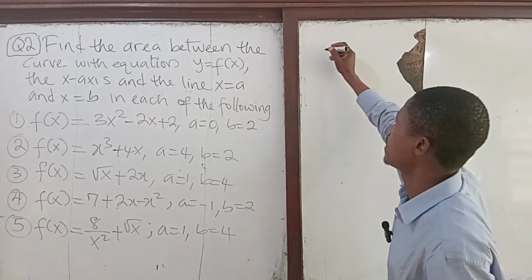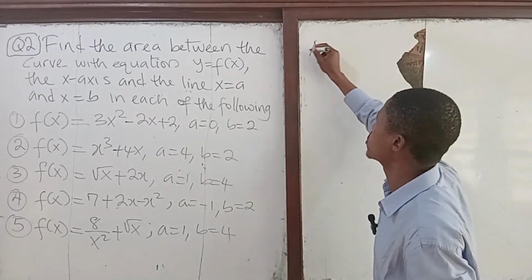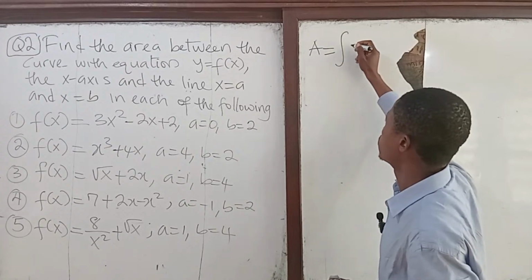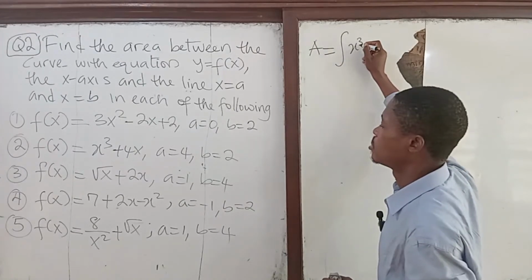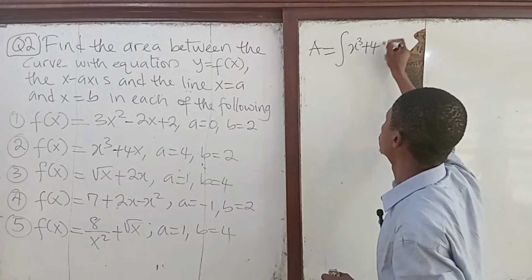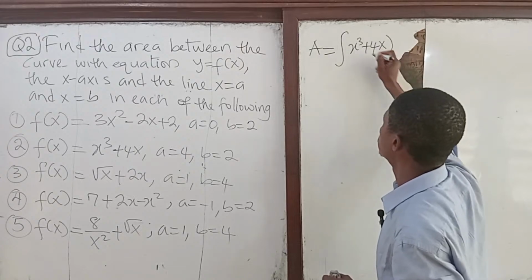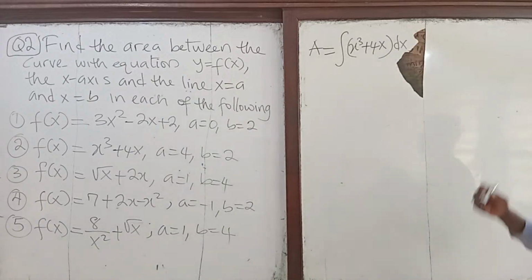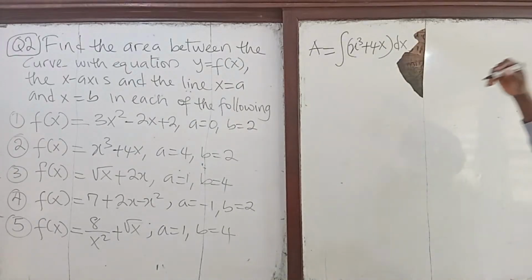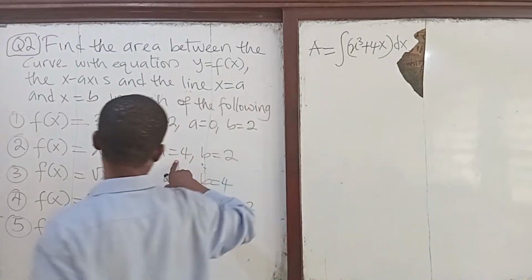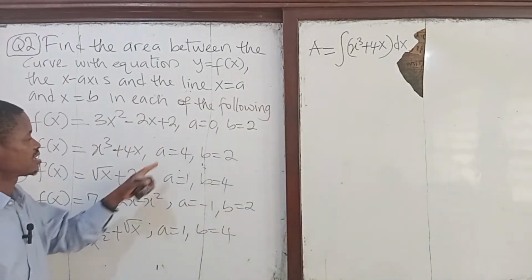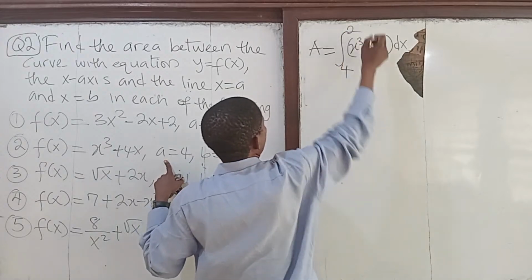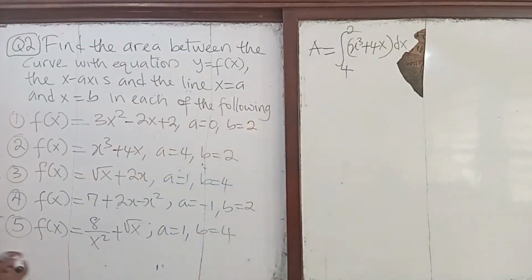We have the f of x given, so area will be equal to the integral of the function x cubed plus 4x, then close the brackets. The dx indicates the upper limit. It starts from x equal to 4 to x equal to 2. This is the starting point, the lower limit, that's 4. b is 2. So that's what we have there.